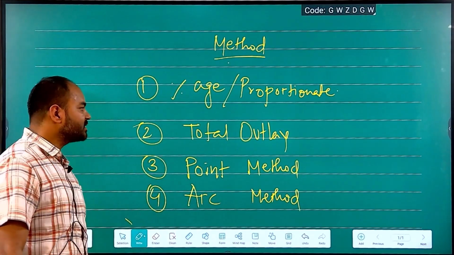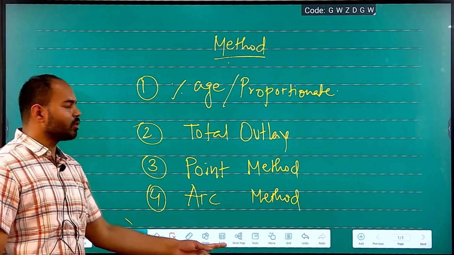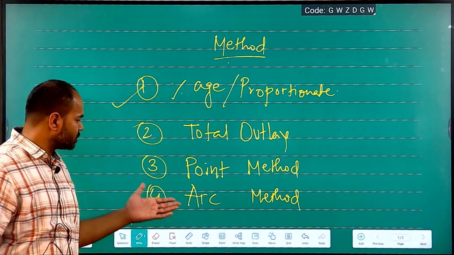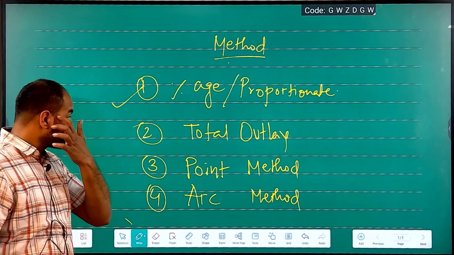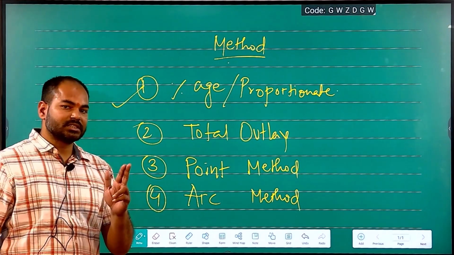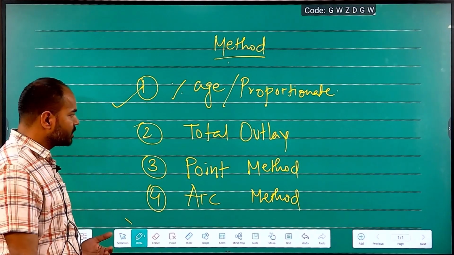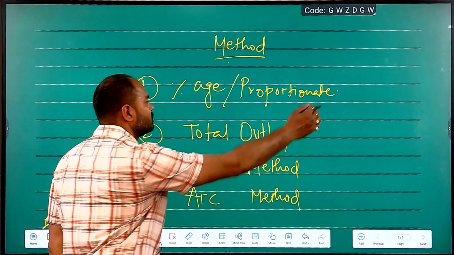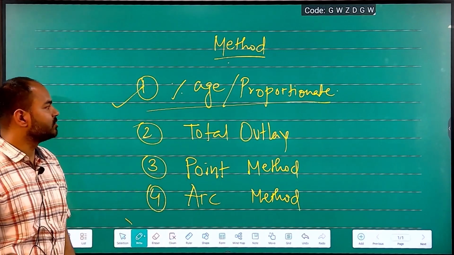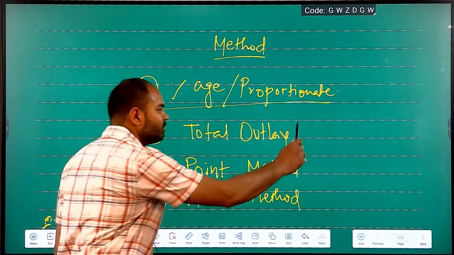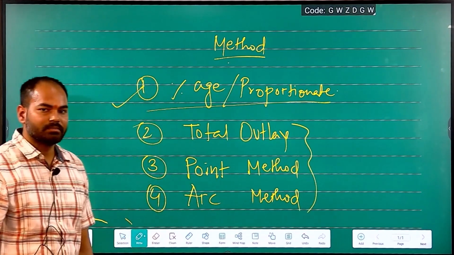So, price elasticity can be calculated by all 4 methods. Later I will teach you this. But other than price elasticity, income elasticity and cross elasticity are only calculated with the help of the percentage or proportionate method. In that case, we will not use these 3 methods.